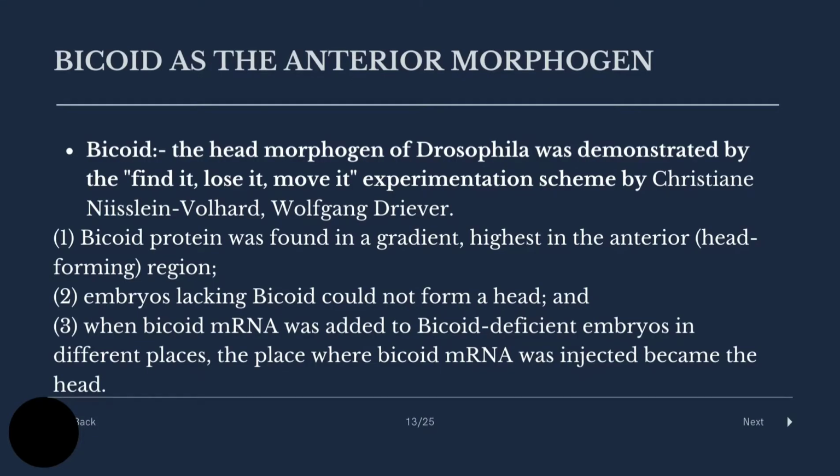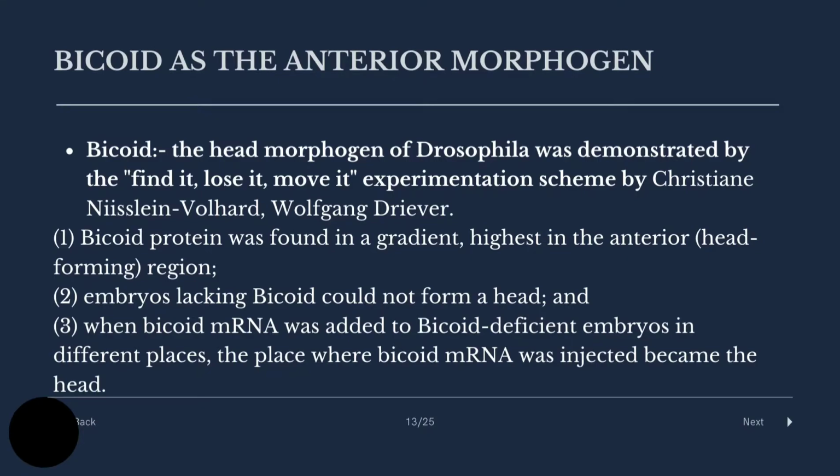Coming to the anterior morphogen, which is bicoid. Bicoid is the head morphogen of Drosophila and was demonstrated by the find it, lose it, move it experimentation scheme by various scientists. The first was the find it experiment, in which bicoid protein was found in a gradient highest in the anterior region.